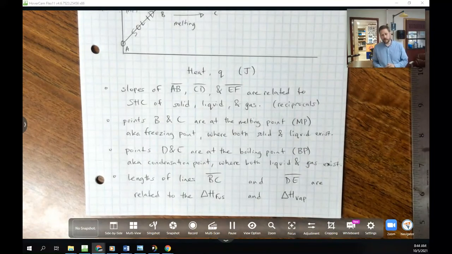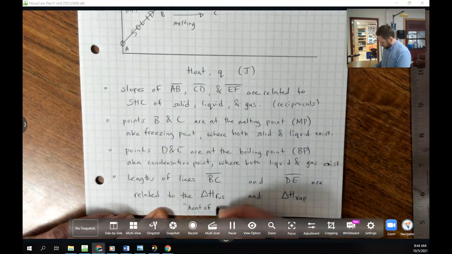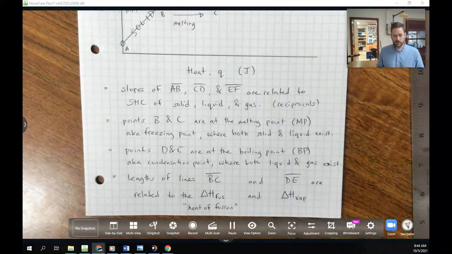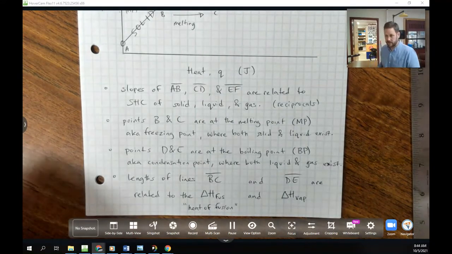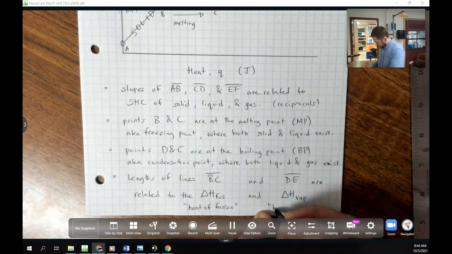And those I want to label on the graph a little bit more carefully. So delta H FUS is the heat of fusion. And this is not fusion as in nuclear fusion. This is fusion as in if you want to weld two metals together, you need to melt them and then they will fuse together. And heat of vaporization.